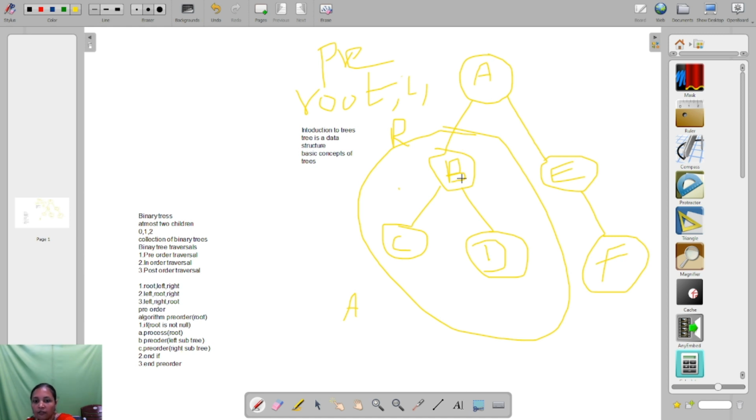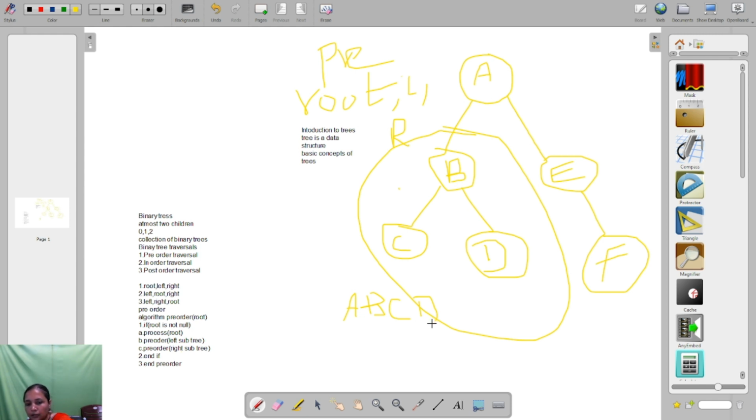The left node having what? Root node. Which one is the root node? B. So A. Next one is B. Okay. Again what? Left. Which one is left? C. Again what? Right. Which node? D. Okay, so root is completed, left side also completed.